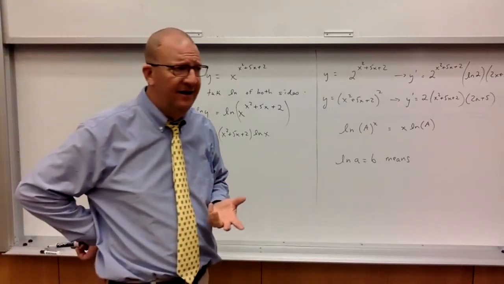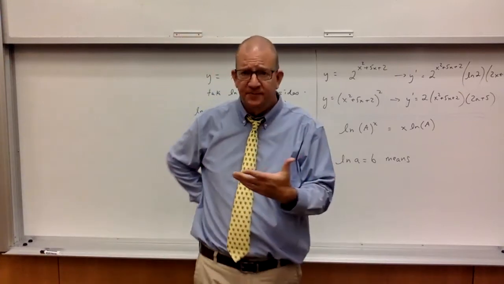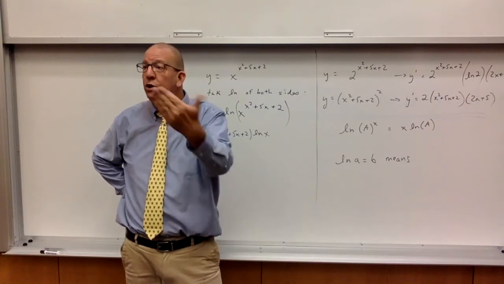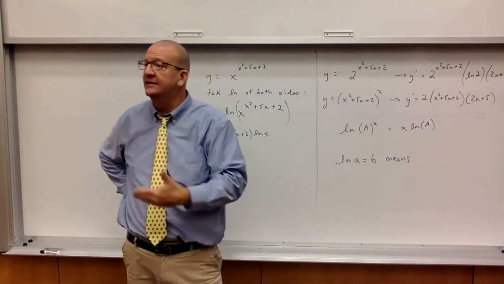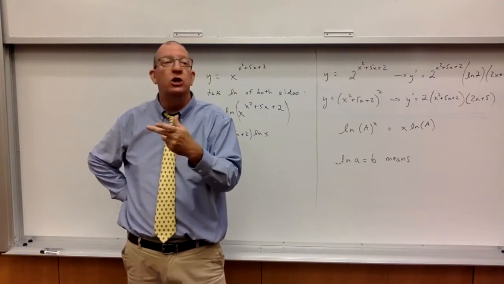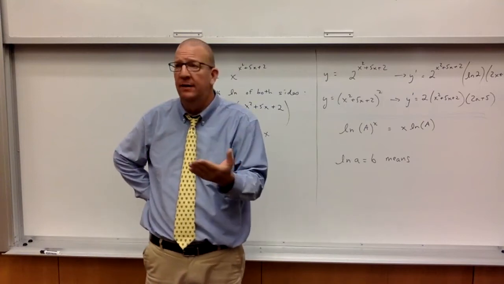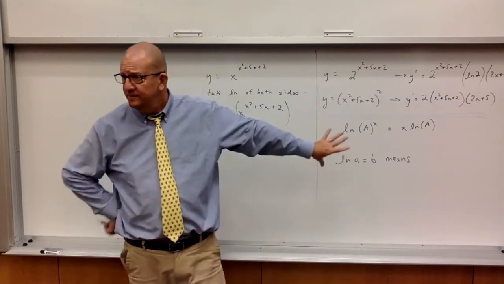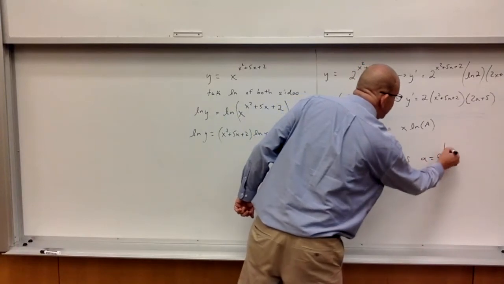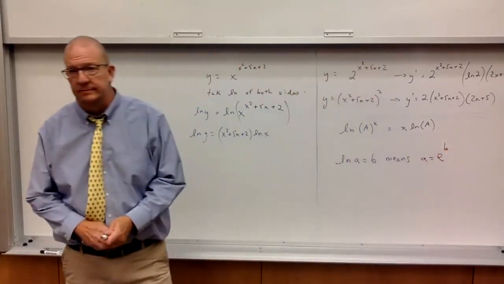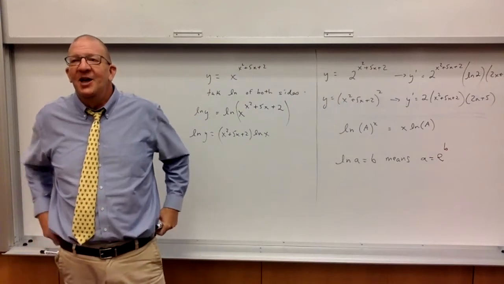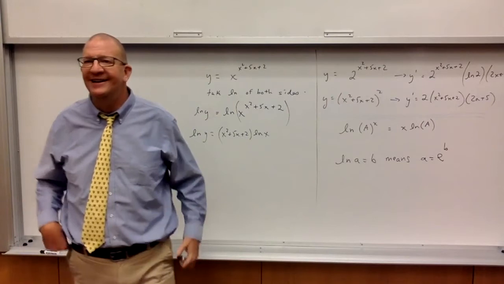Just like the log base 2 of 16 means what power do you raise 2 to get 16, right? Log base 10 of 100, what power do you raise 10 to get 100? It means A equals e to the B. Or as an old Algebra 2 teacher used to say, the log is the exponent.